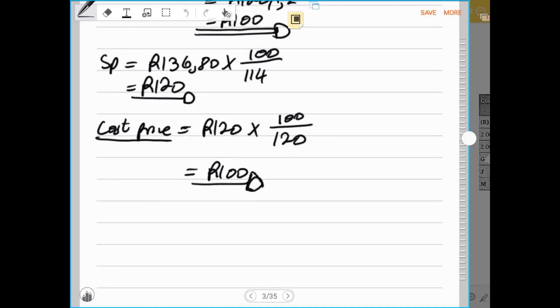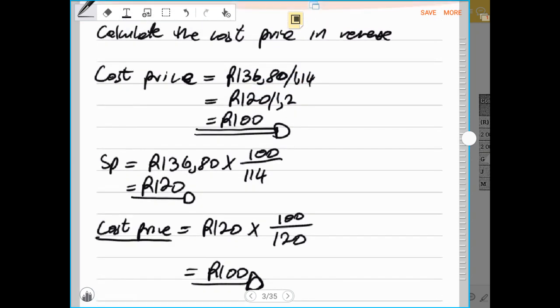At the same time, remember, you could have calculated the selling price differently. If you wanted the selling price perspective, you could have said VAT is equal to 136.80, because this is the marked price and VAT was included here.